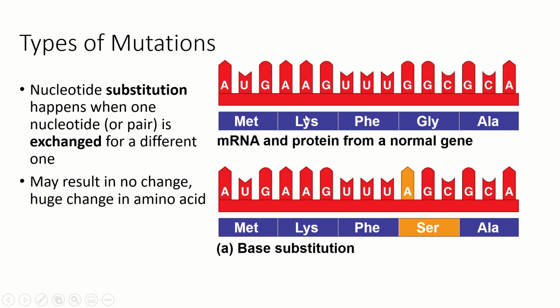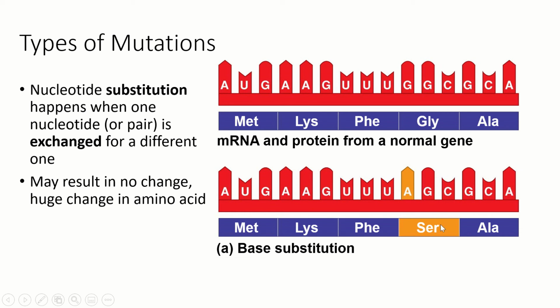So the simplest is just a substitution where, for example, this one's supposed to be a G. Instead of a G, an A was inserted when the DNA was copied. Now we have a different amino acid coded for, and every time this gets translated, it's going to put the wrong amino acid in there.